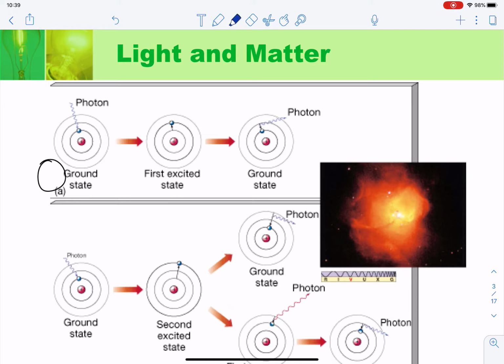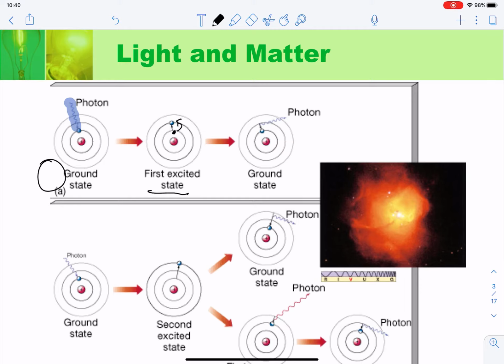But when we get light, light can be absorbed by electrons. Light is a form of energy that is going to excite that electron, so it jumps energy levels because it is absorbing that light. We call that an excited state.